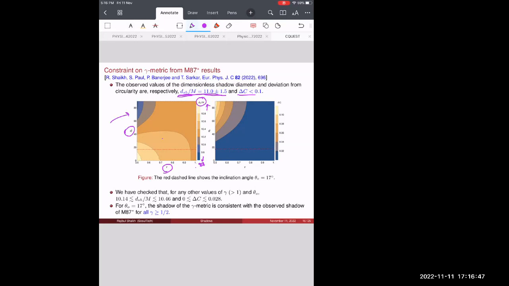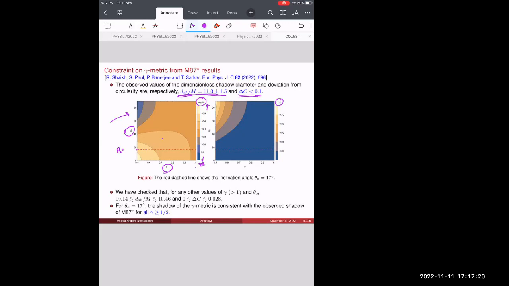However, the M87 papers have found the inclination angle to be 17 degrees, denoted by the red dotted line. For 17 degrees, all gamma values are consistent. If we consider the deviation from circularity, shown in this plot, it should be below 0.1, meaning less than 10%.